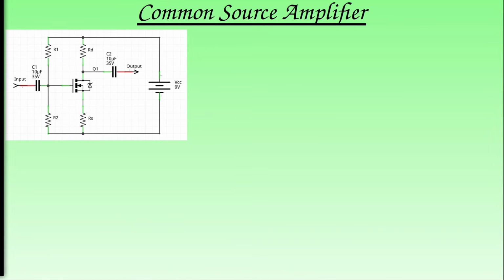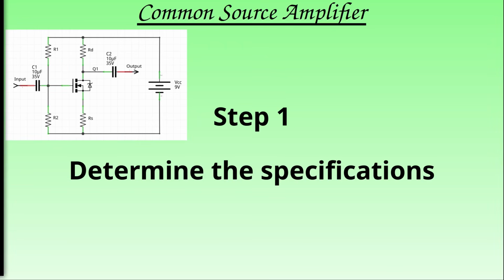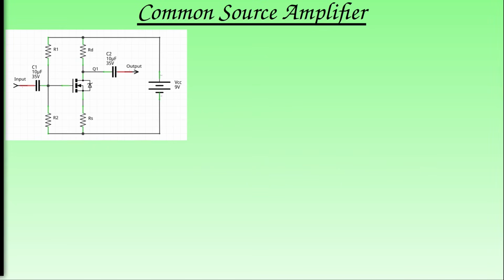Here is the design procedure for such a small amplifier, and it is very similar to the one for the BJT. So, step 1. Determine the specifications. Again, we will use a power supply voltage of 9V, as in the case of the BJT. We will also use the same Q-point current of 10 mA, which is the drain current ID.